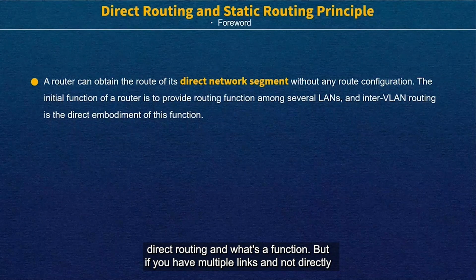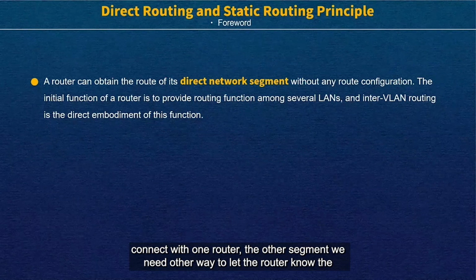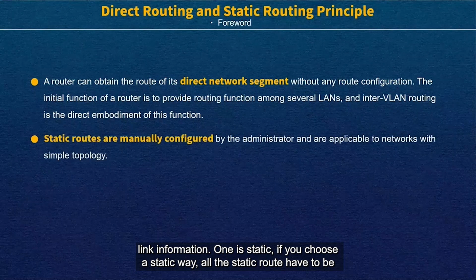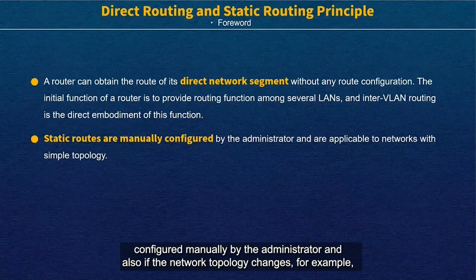But if you have multiple links that are not directly connected to one router, for the other segments we need the remaining ways to let the router know the link information. One is static. If you choose the static way, all the static routes have to be configured manually by the administrator.